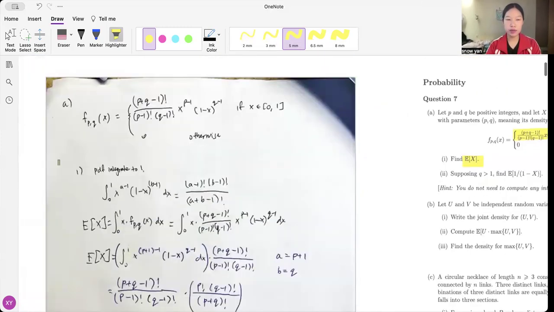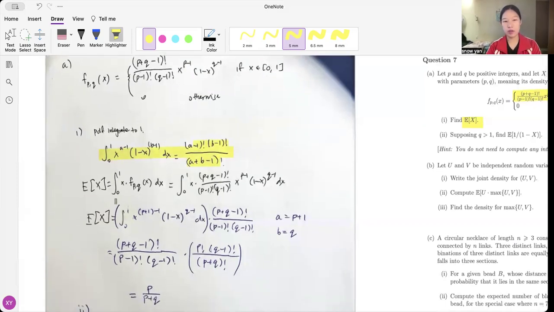Okay, so in part one, what I did was I realized this, so I just moved it to here. Then I know the expected value is the integral from 0 to 1 of x times its density function. Its density function I just found, this thing over here.